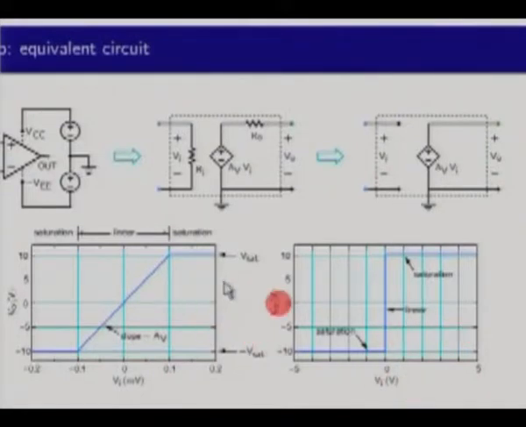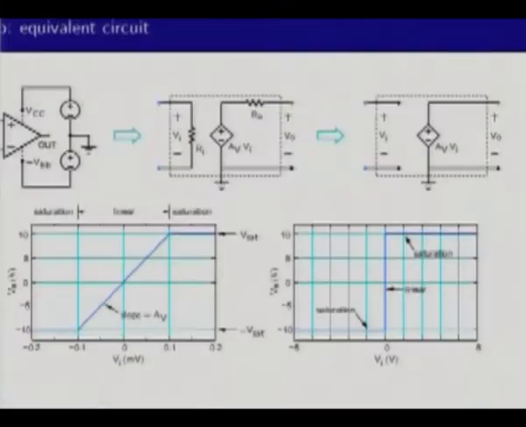So it's very important to show these kinds of figures to the students, so that these things get fixed in their mind, that there is something called saturation, there is something called linear, and the extent of the linear region is very, very small, like 0.2 millivolts, very small compared to any voltages that we normally use, like a few volts.